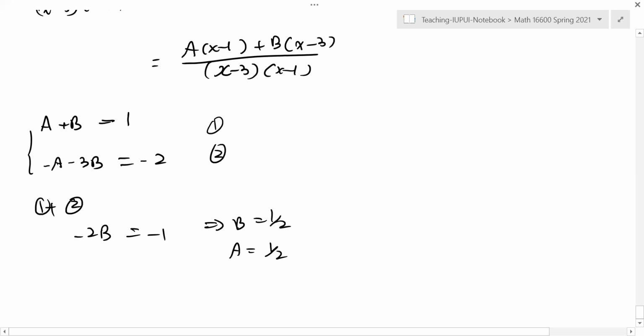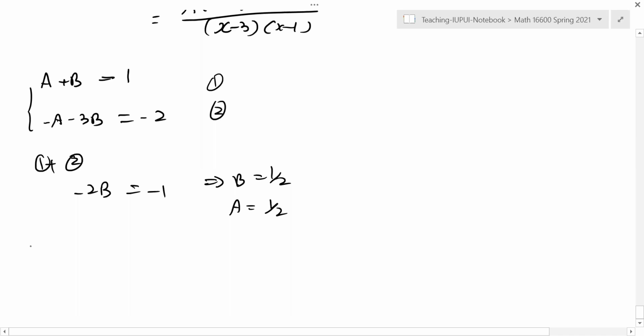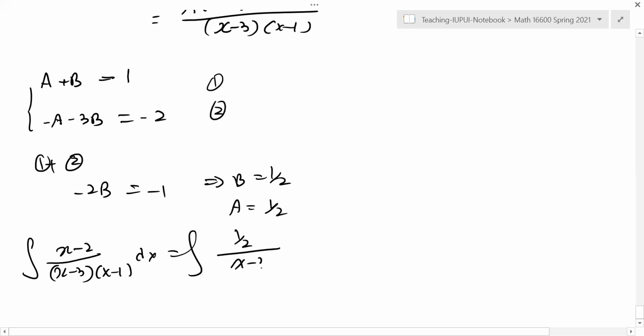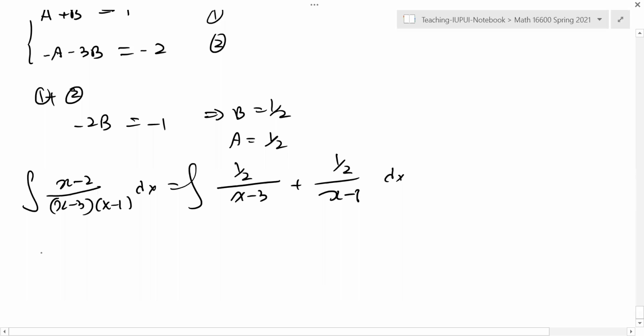All right, so then you can solve the problem. Okay. It's going to be the integral of 1/2 over x minus 3 plus 1/2 over x minus 1. Right. And the 1/2 is the same constant.